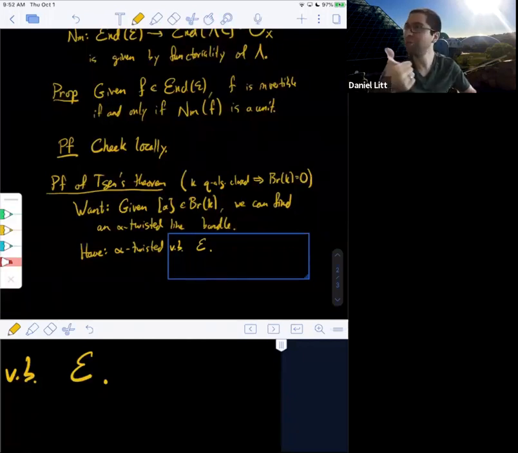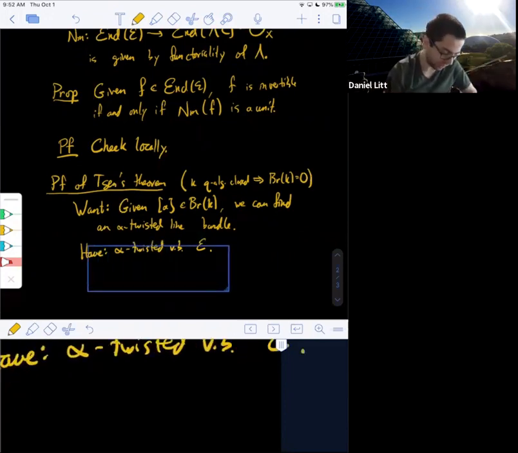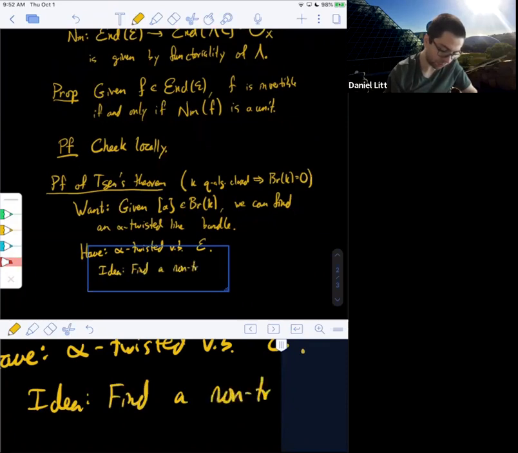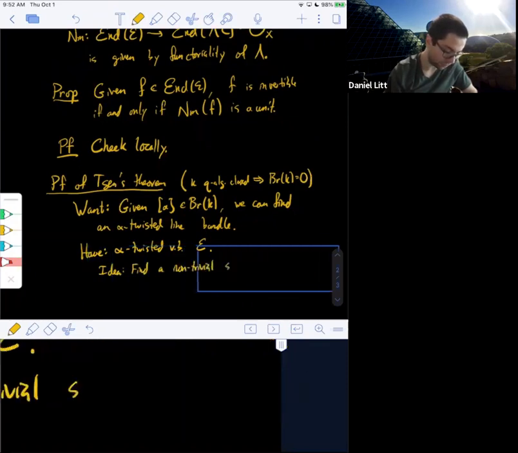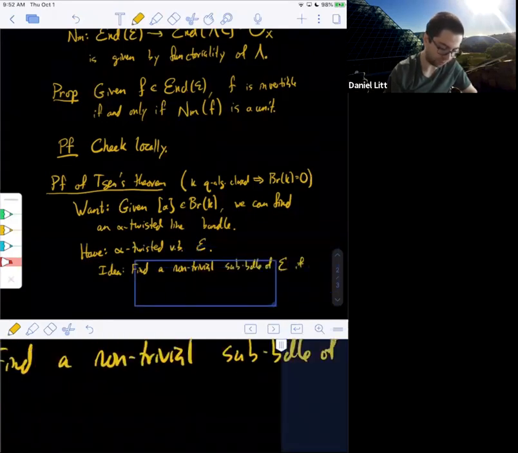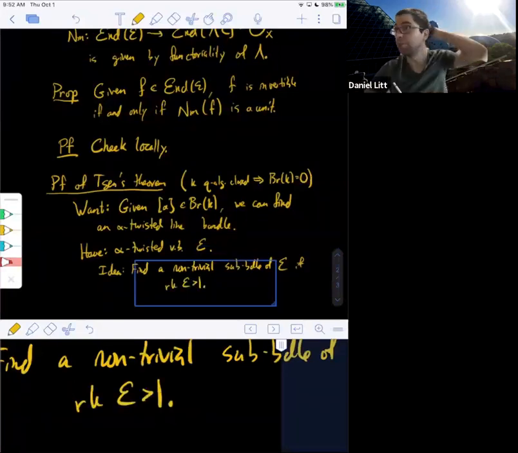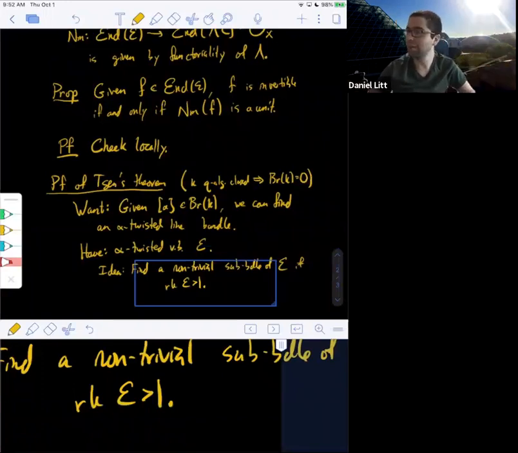Well, if E has rank 1, we're done, right? So what we want to do is find a subbundle or a quotient bundle of lower rank. The idea is to find a non-trivial subbundle of E if the rank of E is bigger than 1. And if we can do that, we win, right? Because then we can keep going until we get something of rank 1. Does everyone agree that the strategy sounds plausible?